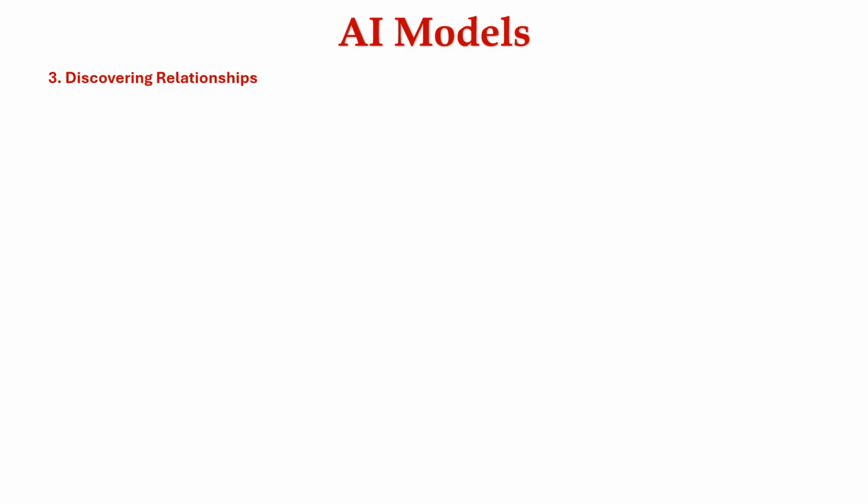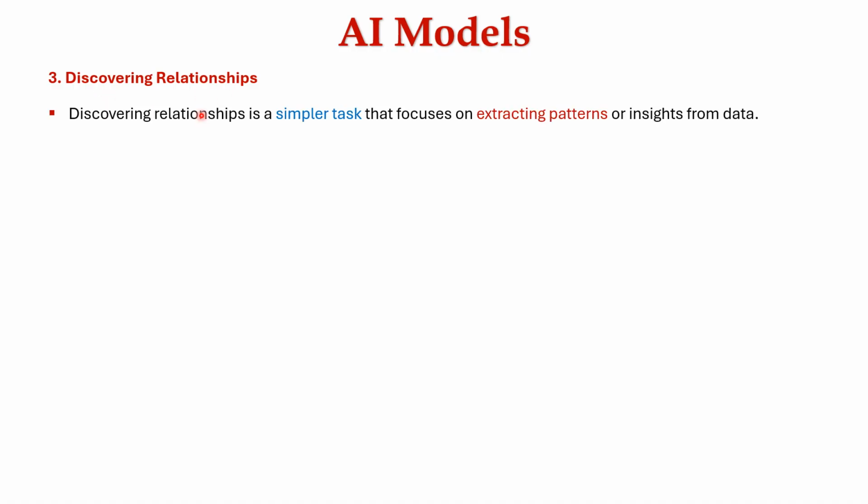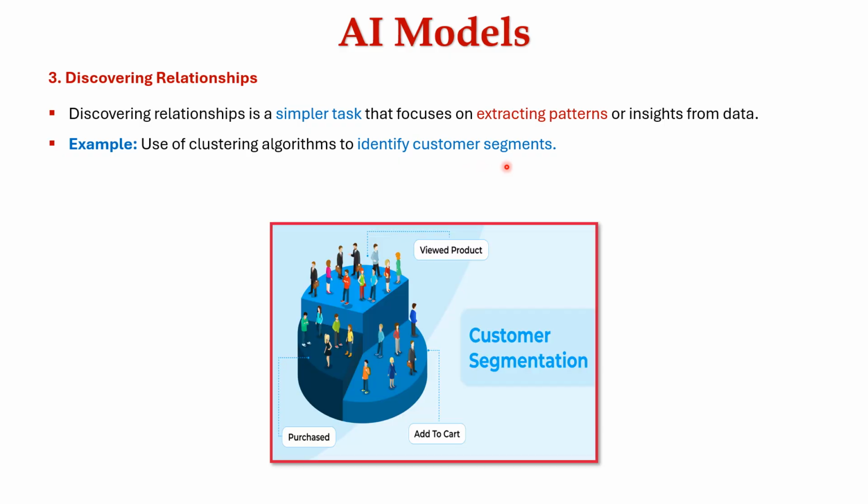The next key area is discovering relationship. It is a simpler task that focuses on extracting patterns or insights from the data. So let's consider an example, that is use of clustering algorithms to identify customer segmentation.